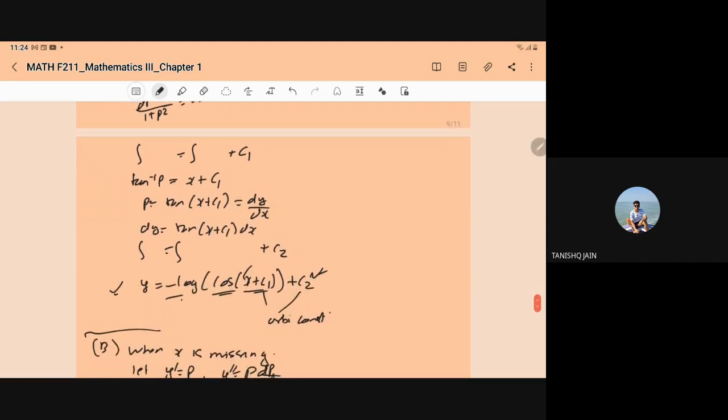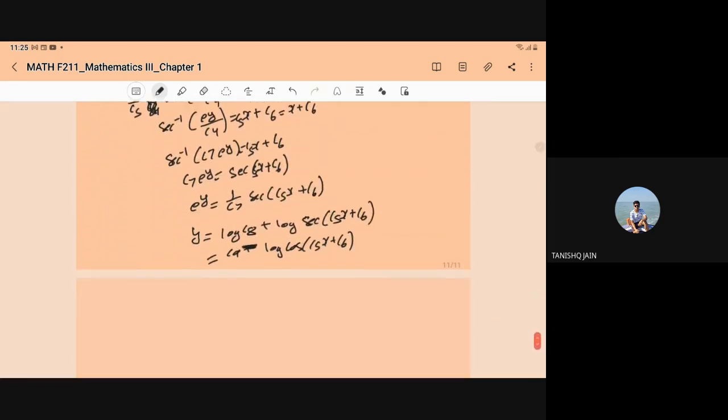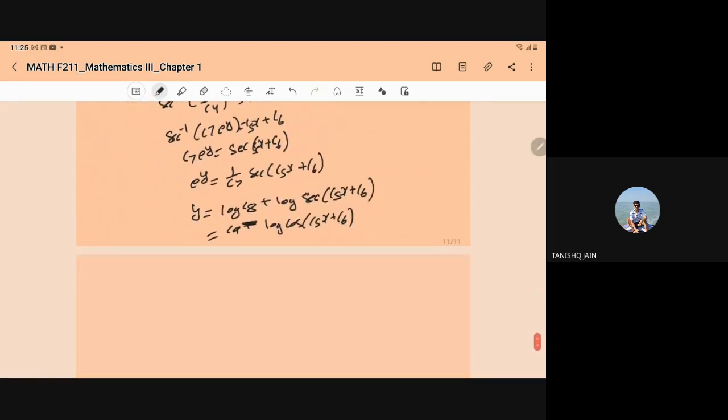Final solution: c2 minus log of cos of x plus c1, and here we have c9 minus log of cos of x plus c6.